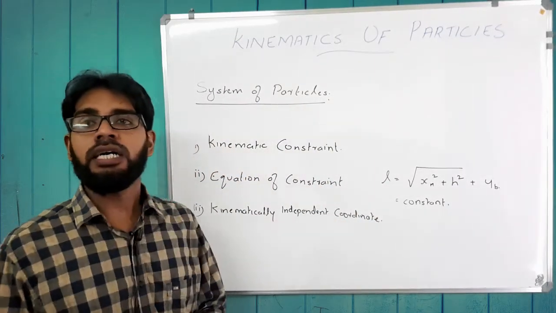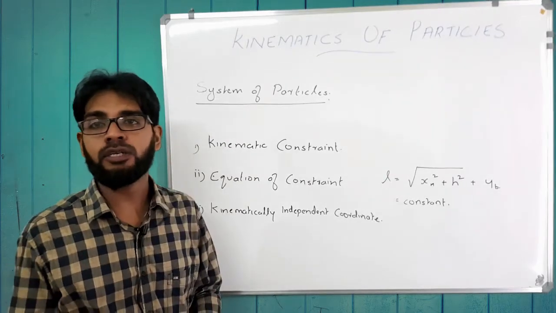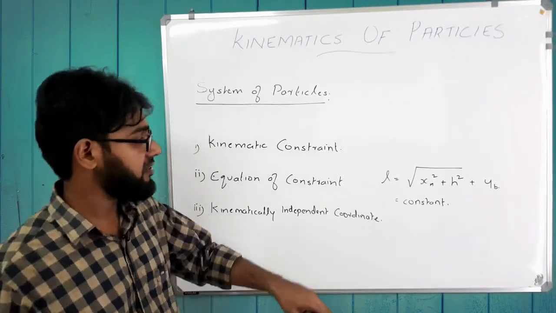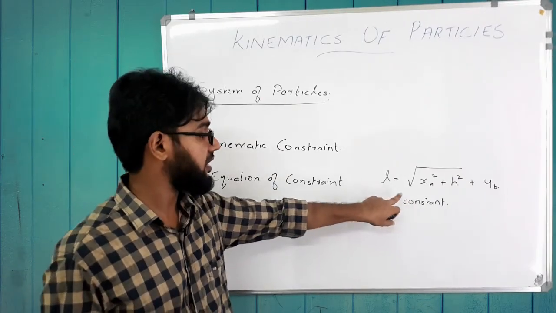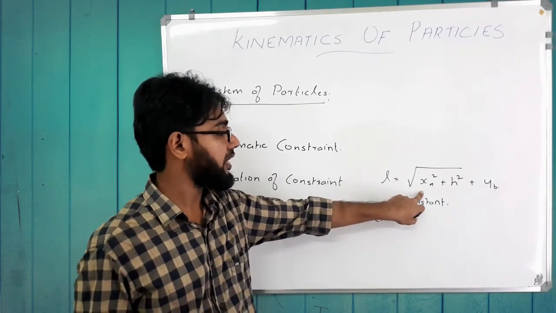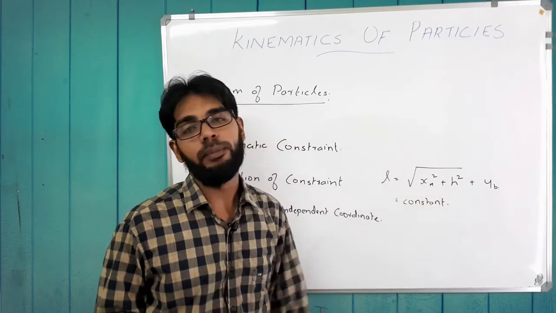Now, the relationship between the dependent and the independent coordinate can thus be established by the equation of constraint. In this case, L equals root of xa square plus h square plus yb.